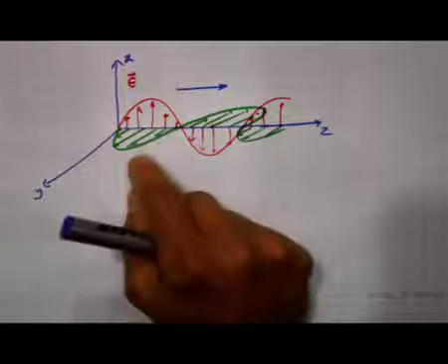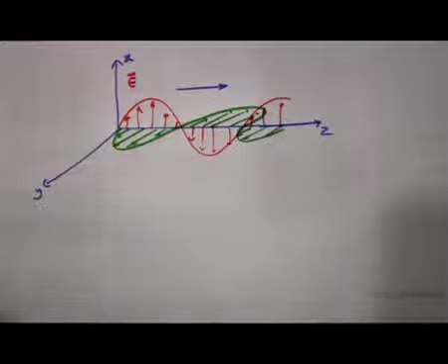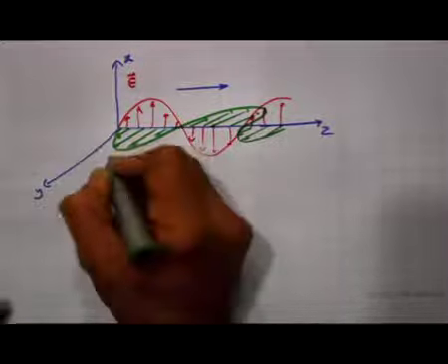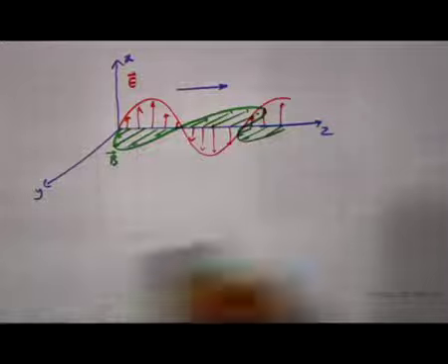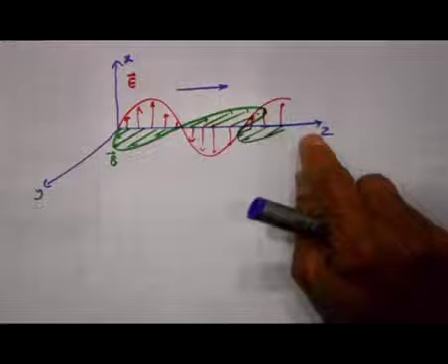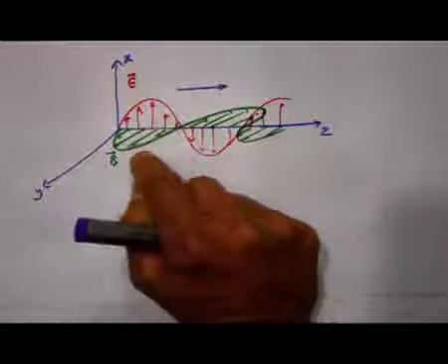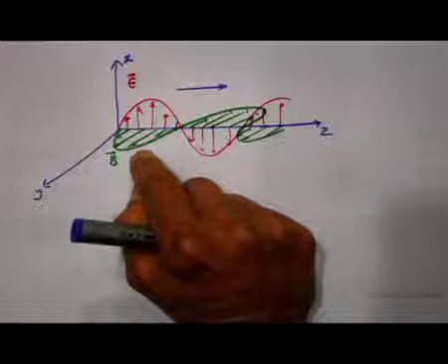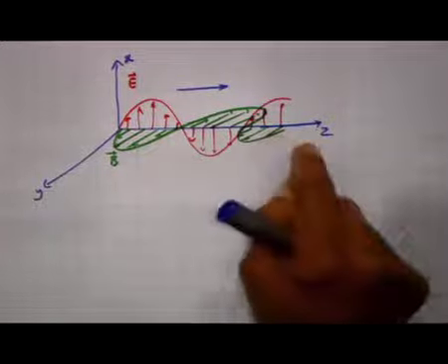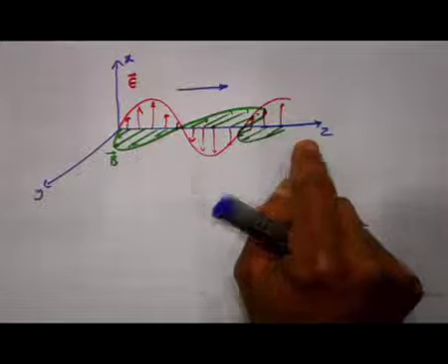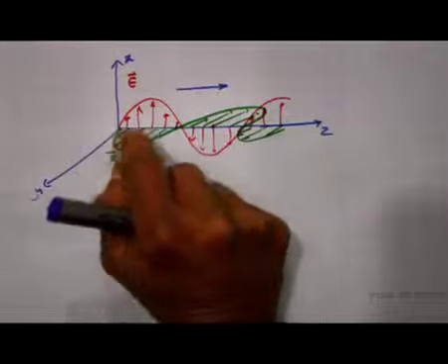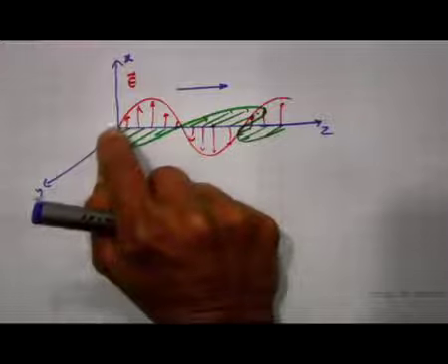The electric field and the magnetic field are perpendicular to the propagation direction. This is the magnetic field here. The electric and magnetic fields are perpendicular to each other, and both are perpendicular to the propagation direction of the electromagnetic wave, and also they are in phase. As you can see here, when the electric field is 0, the magnetic field is 0.